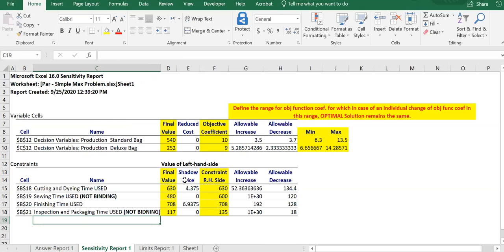There's one piece that is extremely important for sensitivity analysis, and that is called shadow price. Let me just make it red, shadow price. The definition of shadow price is the rate of change in the optimal value of the objective function, in this case profit, with respect to your right-hand side.